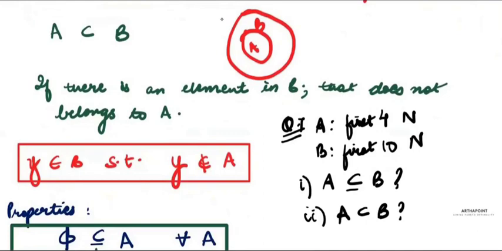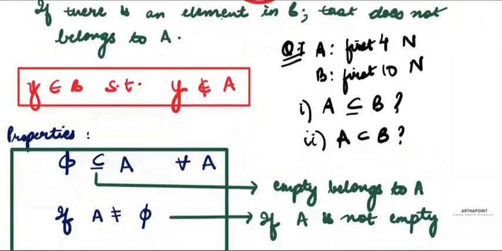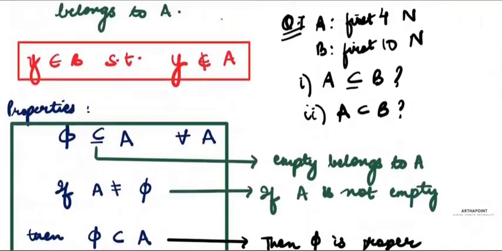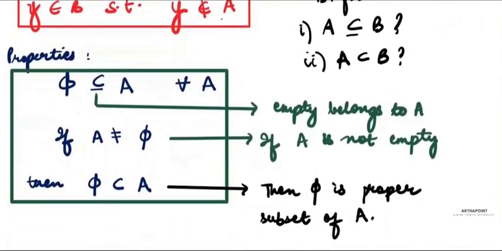All right. Now, let's go ahead and do an important property right here. So, just understand this thing. The empty set is a subset of every set. Empty is nothing, right? So, imagine this thing.